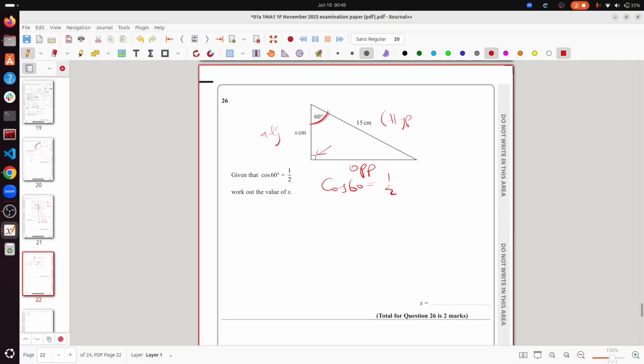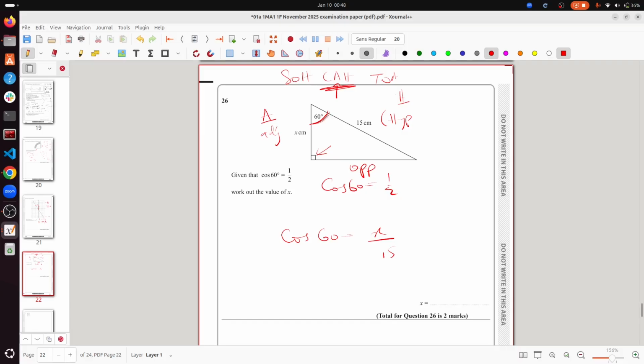The sides we are interested in are the adjacent A and the hypotenuse H because we have values for those, and that fits into SOHCAHTOA, where A and H fit into CAH. So we know that the cosine of that angle 60 is equal to A comes first, so it's the adjacent, over the hypotenuse, which is 15.